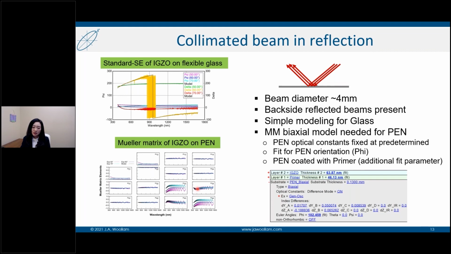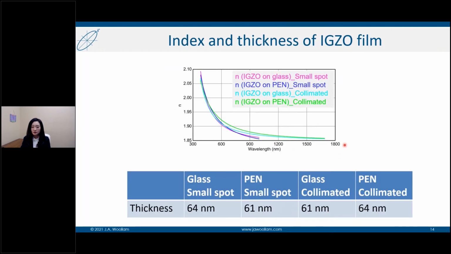The modeling is not simple, however, as long as we have measured the accurate optical constants of the PEN substrate beforehand, the modeling is doable. For this particular PEN substrate, it was pre-coated with a primer layer, which I had to include in the model. I also had to fit for the orientation of the PEN substrate due to its anisotropic nature.